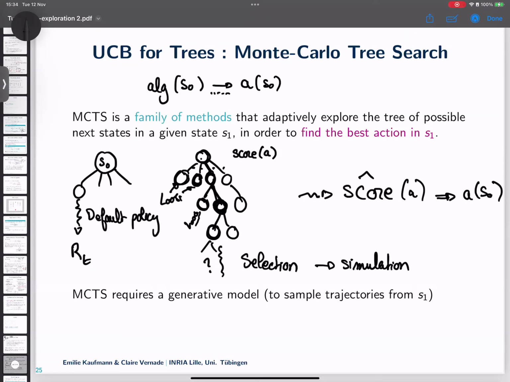So in every node where it's me who plays, I try to go down the tree at a node for which the upper confidence bound is the highest.